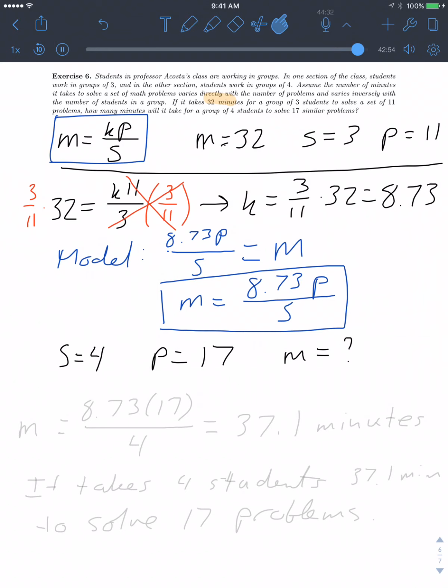But we have this model that should spit m out for us. We have 8.73 times p, 17, divided by 4. That is what m will be equal to. If you plug that into a calculator, you get about 37.1. And remember our units, this is minutes.